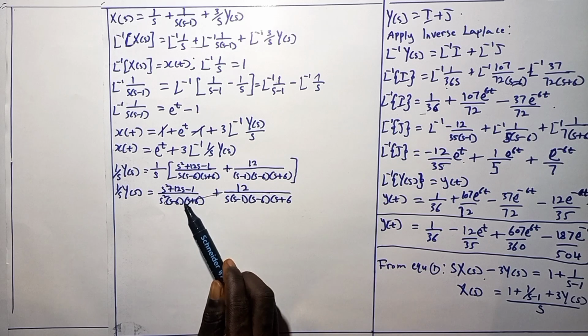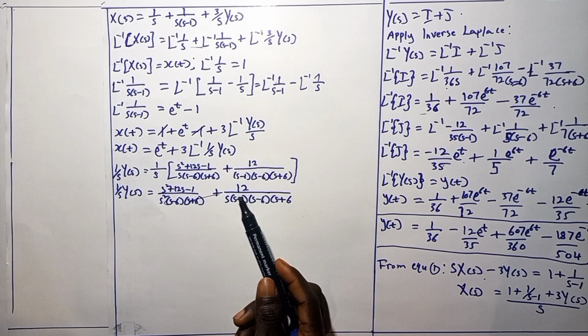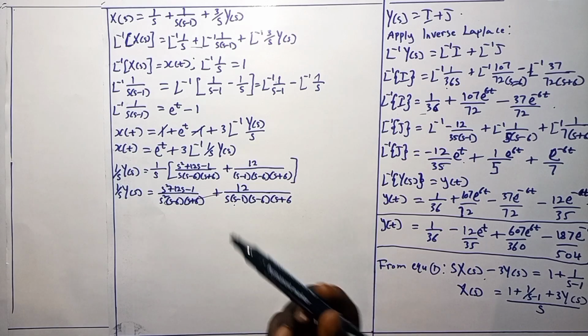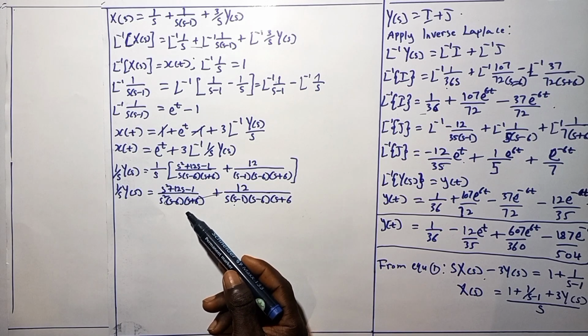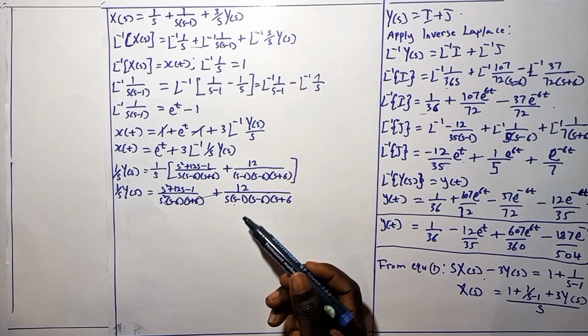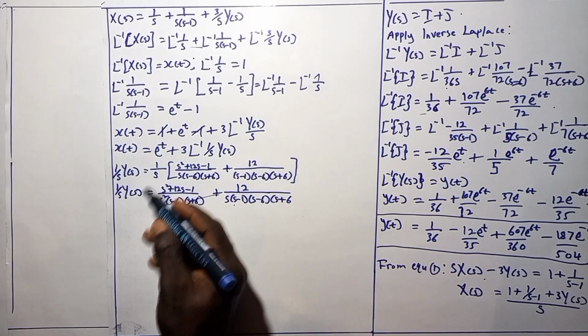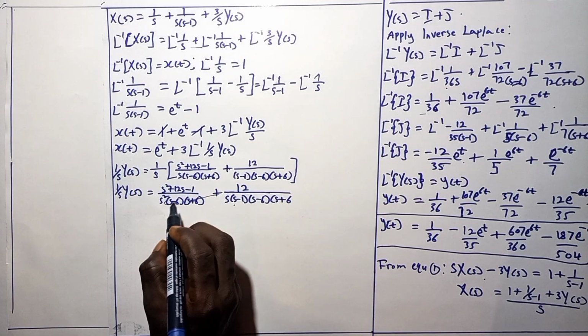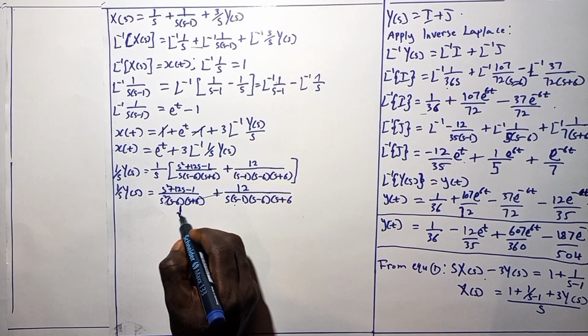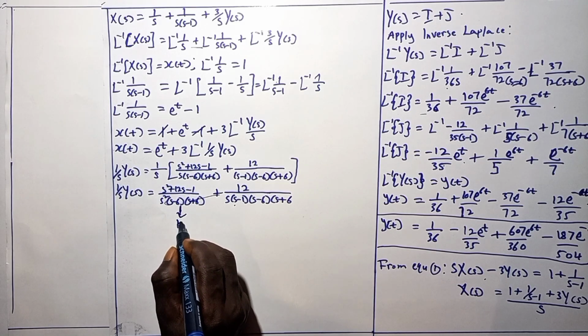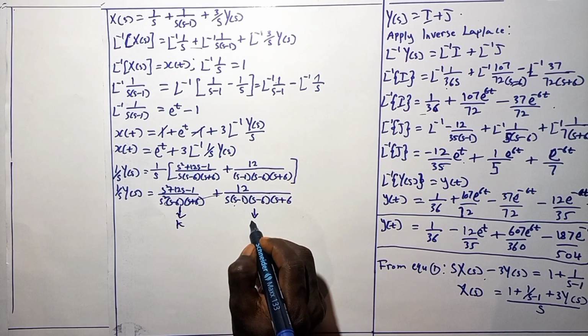So let's split this into partial fractions once again, as we did for the first one. So we're taking this into partial fractions, splitting these two as well. Let's name these fractions as well. Let me call this k, then let me call this fraction m.